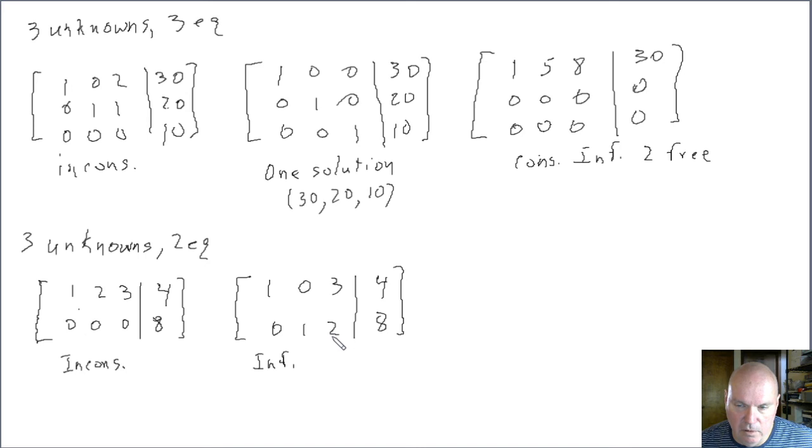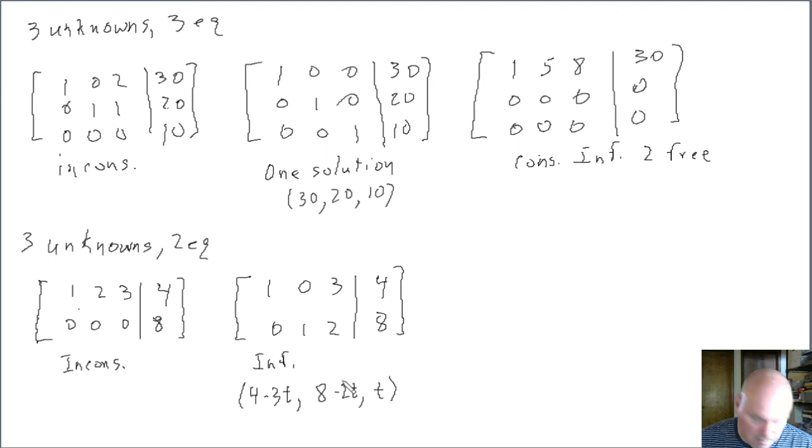I'd let z be the free variable, call it t. The solutions would be of the form 4 minus 3t from the first row, and then 8 minus 2t from the second row. And I've let z be my free variable, and assigned it the parameter value t.